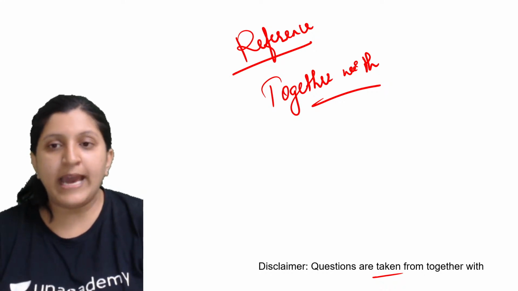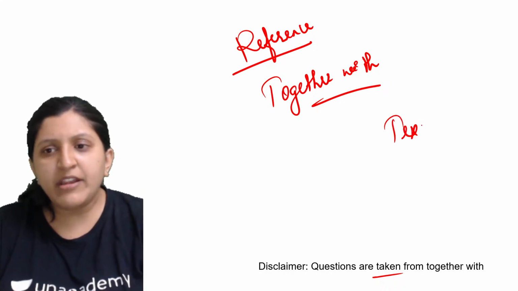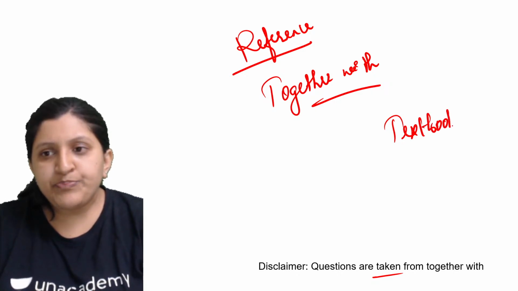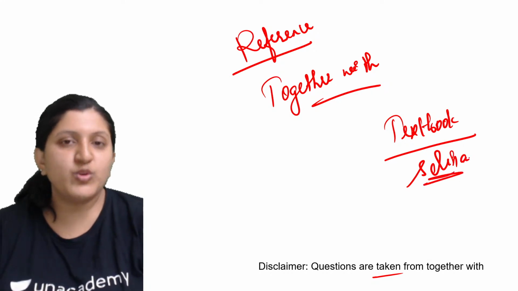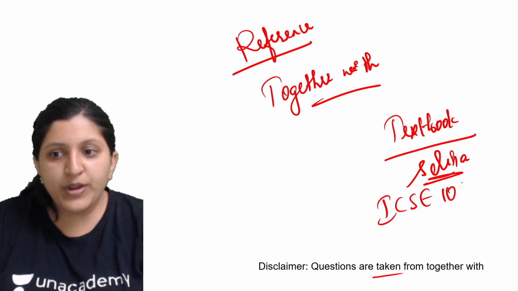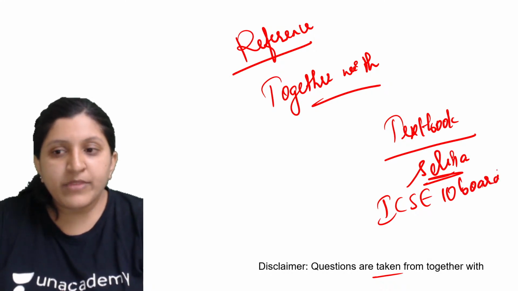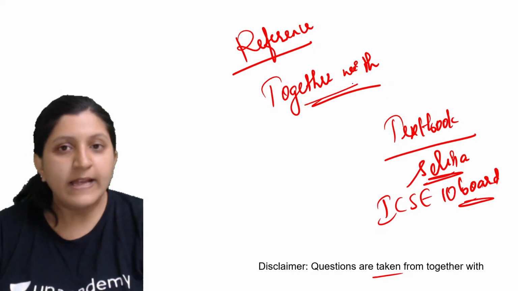For study and as a textbook, you can refer to Selina. Selina is the best textbook that you can refer for your ICSE class 10 board. For reference, you can use Together With.